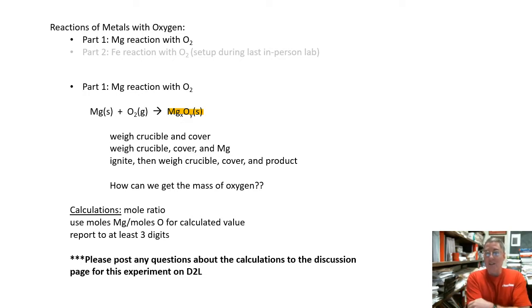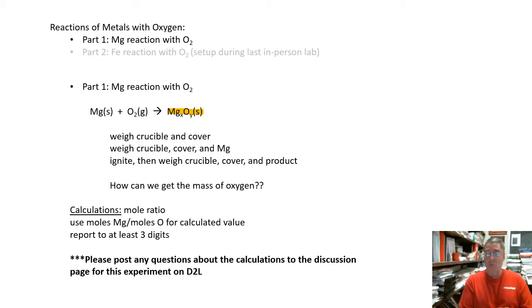Anyway, in the calculations, we did calculations of empirical formulas earlier, and that's basically just a mole ratio between the magnesium and the oxygen. Now, to get it so that it can be graded consistently, whether we did it on paper with the TAs grading it or on WebAssign, we have to decide which one we're going to put in the numerator, right? And we're first calculating the experimental value that you measured, which has a little bit of experimental error in it.